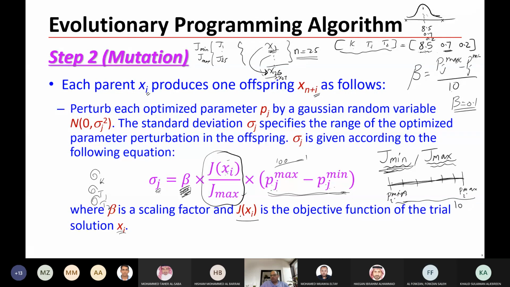If you have a value here equal to 8.5, how far can you allow this to change? 10% of the range. And this can go up to 18, or can go down to what?